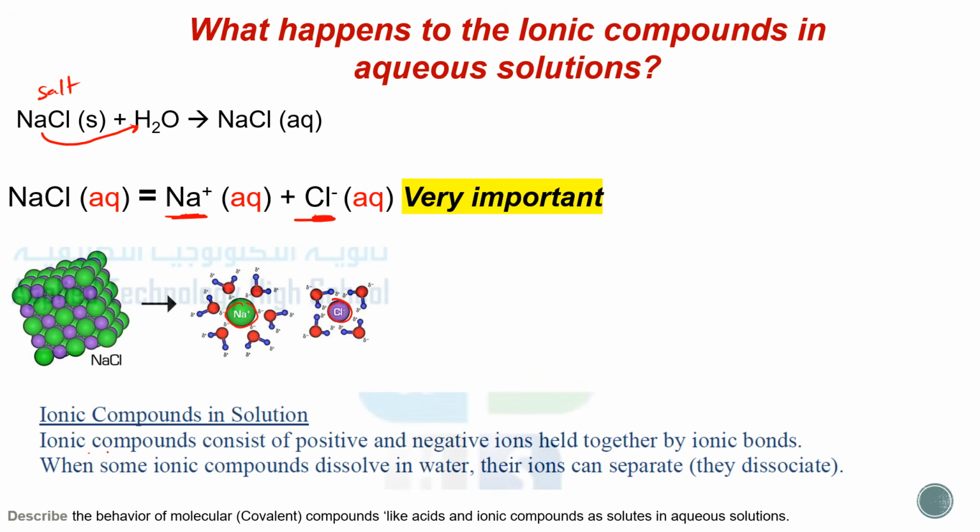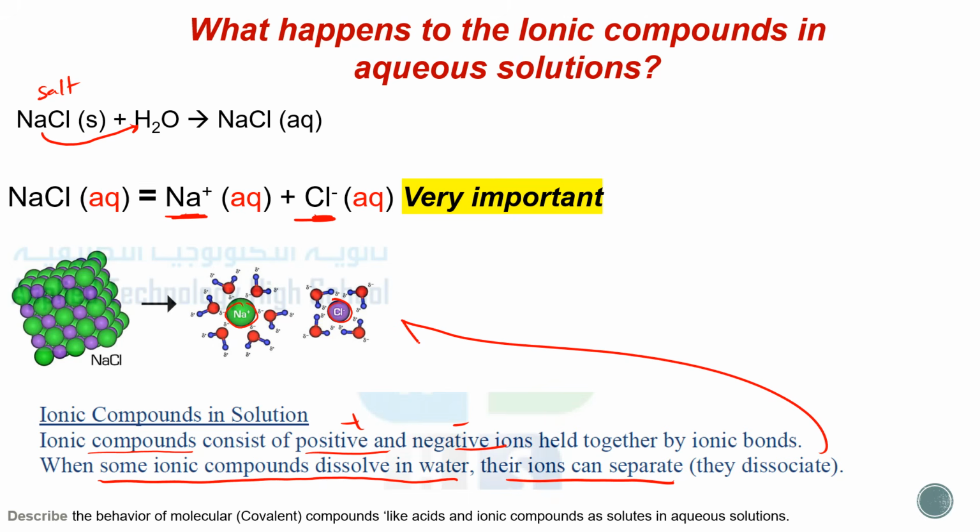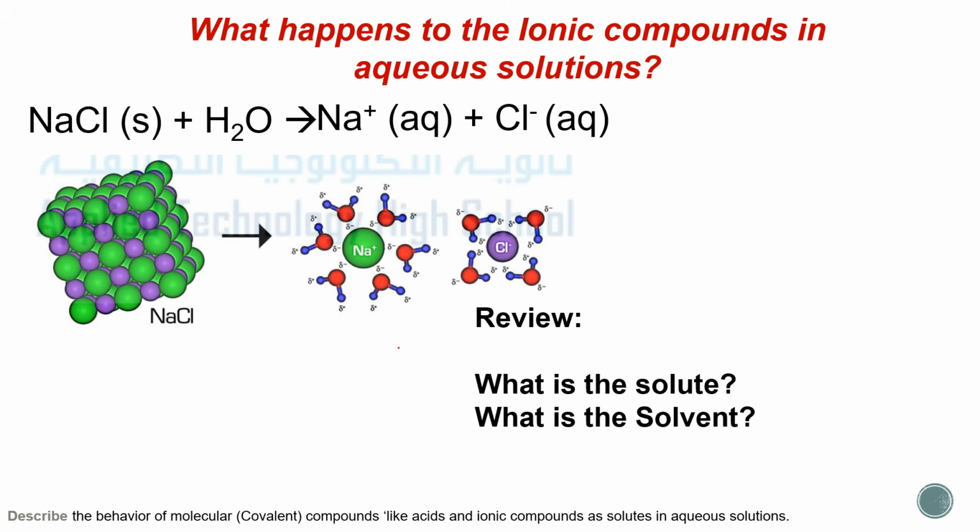Ionic compounds consist of positive and negative ions, which we know from term 1. When some ionic compounds dissolve in water, يعني في aqueous solutions, their ions can separate, they dissociate. مش كلهم, البعض منهم. وراح نعرف كيف نحدد مين اللي يذوب في الماء ويتفكك ومين اللي ما يذوب في الماء ويتفكك. Okay, so this is very important.